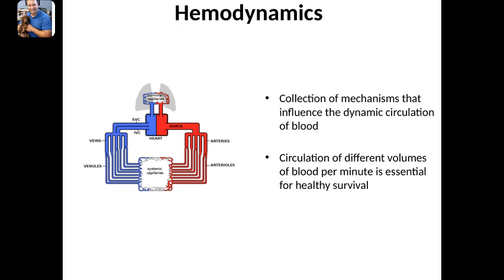There's a collection of mechanisms that influence the dynamic circulation of blood. Dynamic means it's always changing. So there's an entire feedback system. And remember, negative feedback is the most common kind of feedback. And this is going to ensure that blood flow happens all the time, and it constantly fluctuates to suit the needs of the human body.